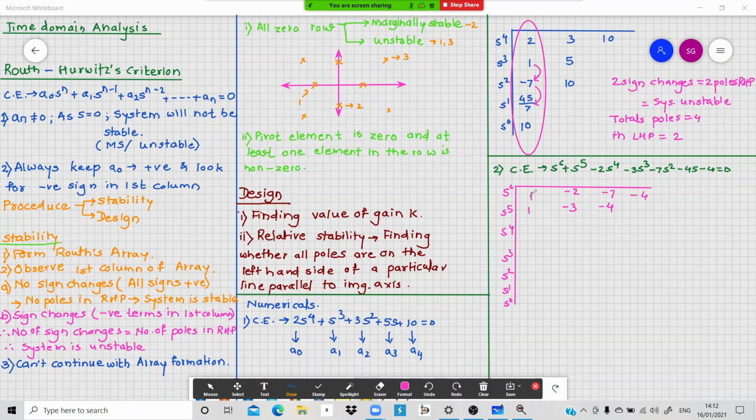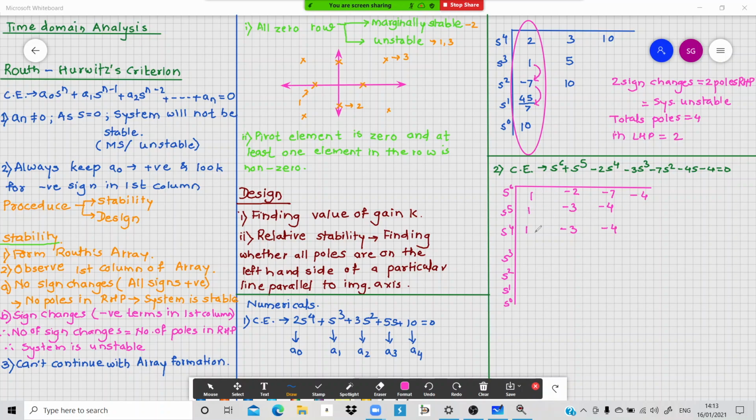Minus 2 minus minus, plus 3, plus 3. So 1 divided by 1. So it is going to be 1. And then over here, that means 1 into minus 7 minus minus 4. So minus 3 divided by 1. So minus 3. Next one, 1 into minus 4 minus 0 divided by 1, so minus 4.